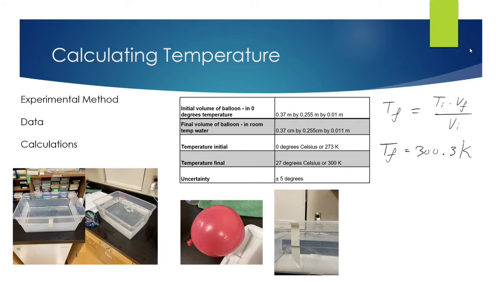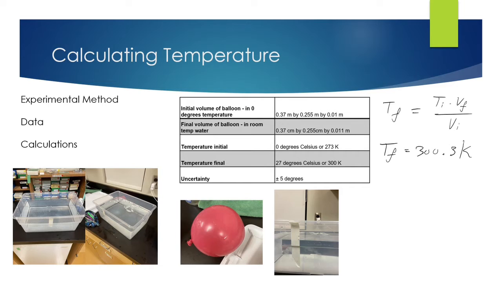Then, by measuring the dimensions of the tub with the makeshift ruler as previously mentioned, as well as the change in water levels, we applied the relationship equation for the volume and temperature of gas, which is temperature final divided by volume final equals temperature initial divided by volume initial, which can be rearranged as shown right here.